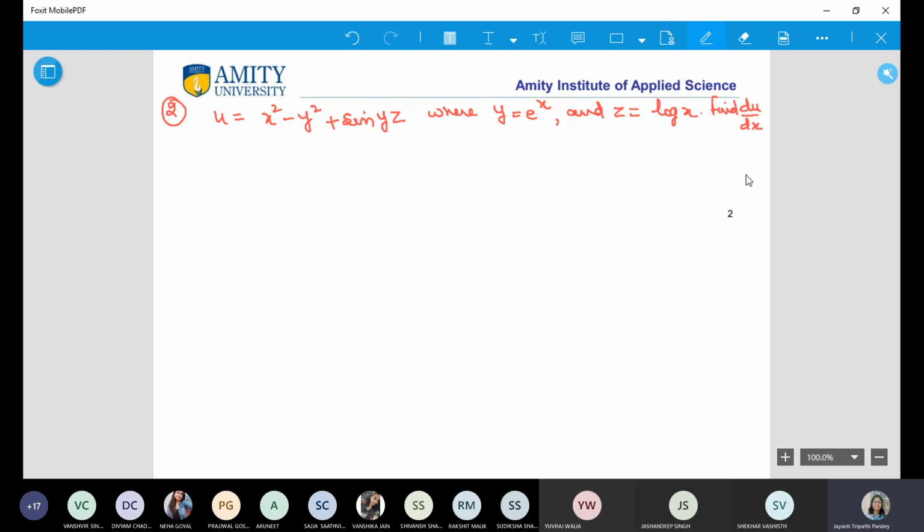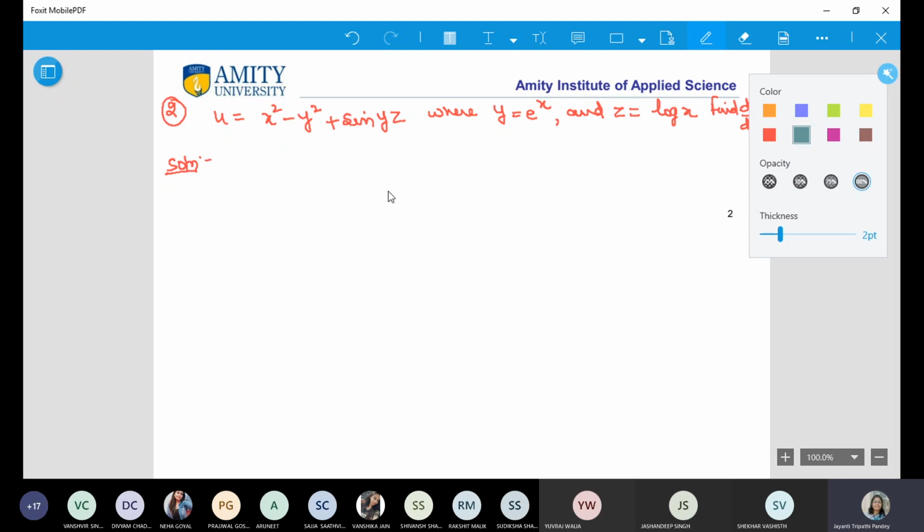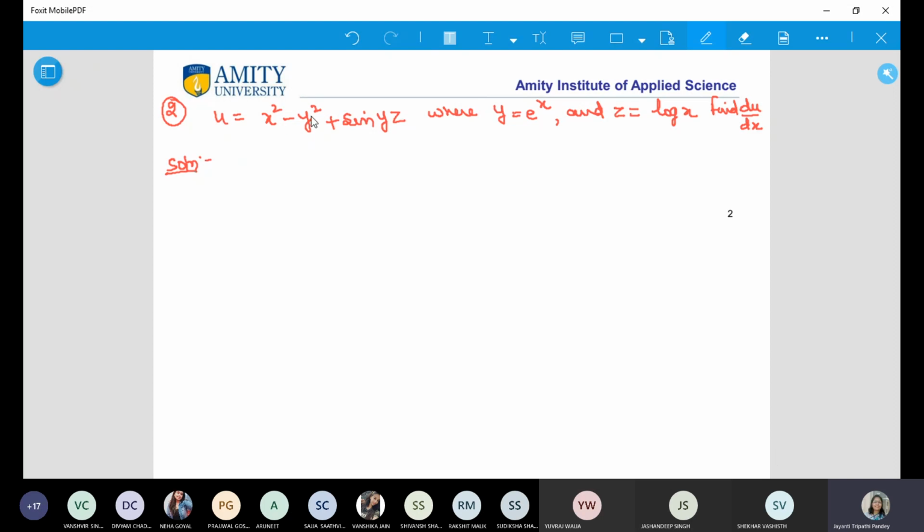Now I want you to understand this. Here in the question, it seems there are 3 variables, but actually if you see this carefully, y and z are dependent on x. Is this understood or not? Yes, ma'am.